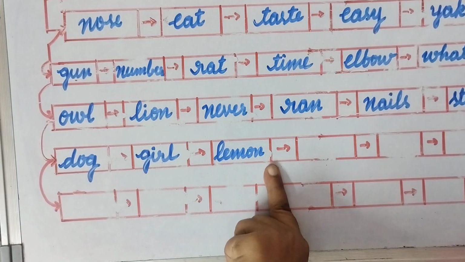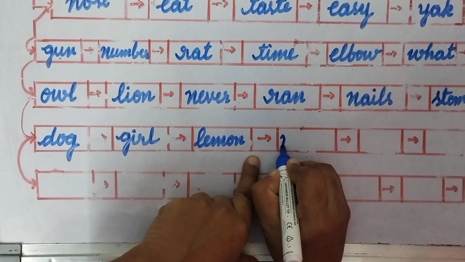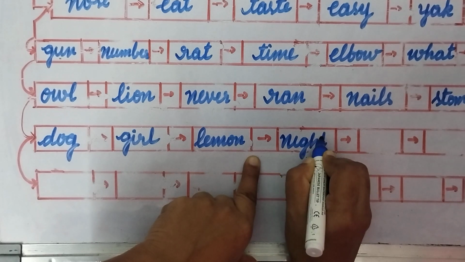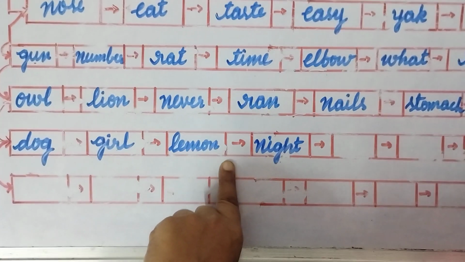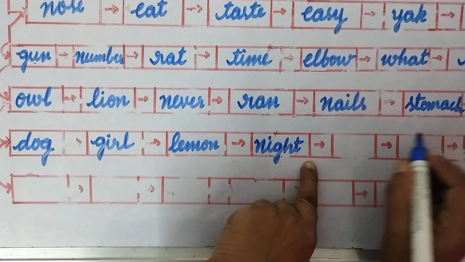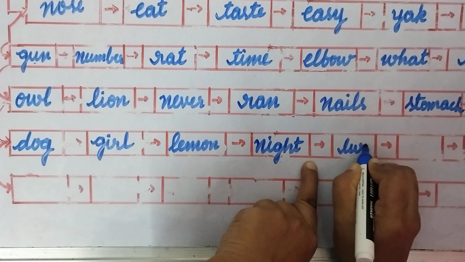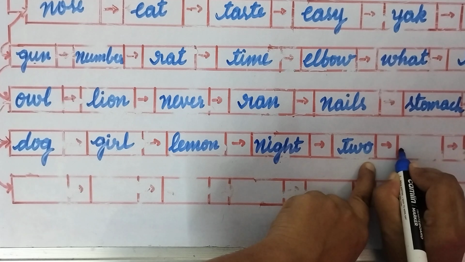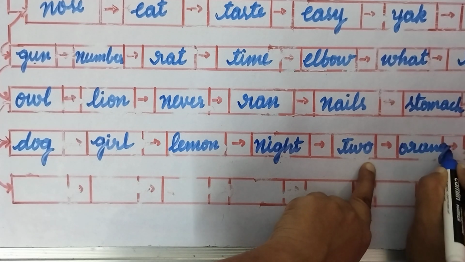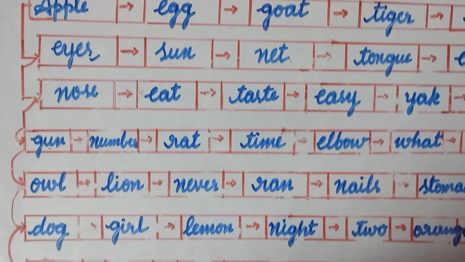The last letter is N. N for night, N-I-G-H-T, night. Next T. T for two, T-W-O, two. Again O for orange, O-R-A-N-G-E, orange. Like this, the word chain is continuous.